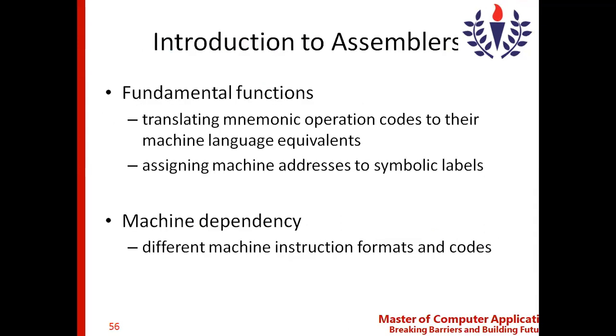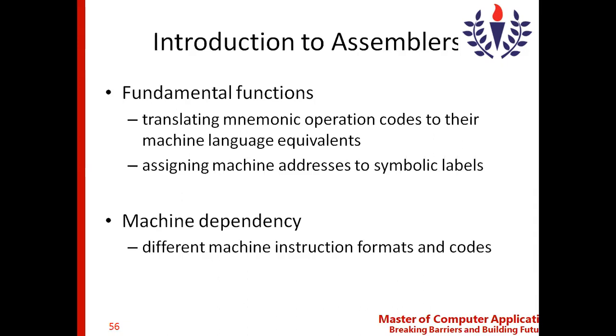Moving on to the functions of the assembler, we have the fundamental functions. Basically, the assembler will be converting the source into an object program. During this conversion process, there are certain functions to be carried out, for which it follows two fundamental functions.